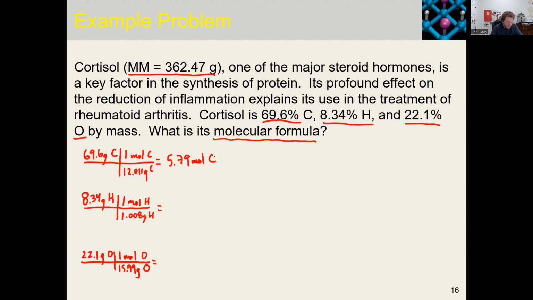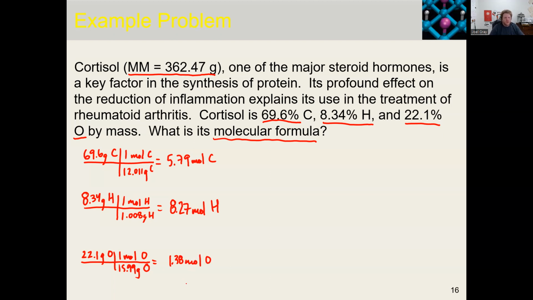And then we've got 8.34 divided by 1.008, which is 8.27 moles of hydrogen. Then our last component is oxygen. 22.1 grams of oxygen divided by 15.99 grams of oxygen means we've got 1.38 moles oxygen.